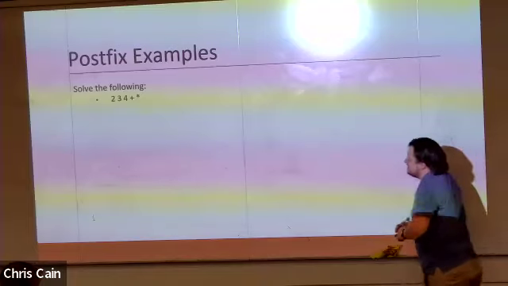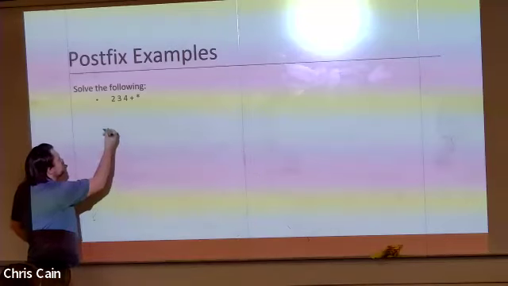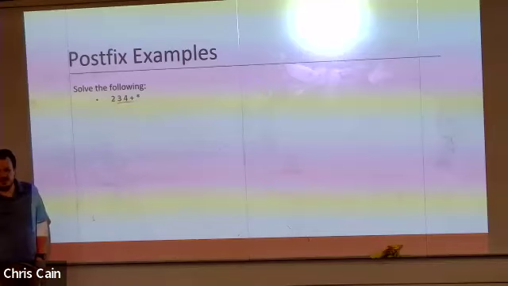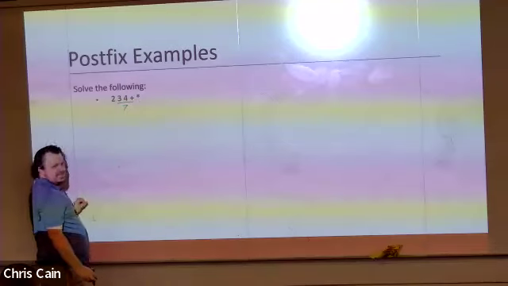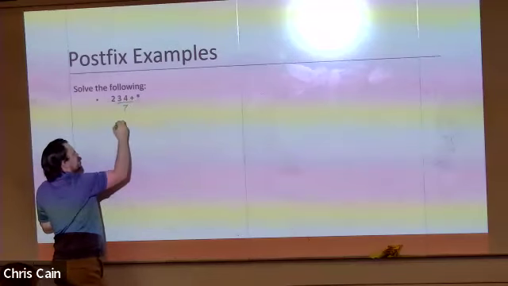That would be a good guess. Because it's right. So the plus refers to the two things that come before it. When you evaluate this, it's not 24. 3 plus 4 is 7. And then when you evaluate the 2 and the 7 and the times, you get 14.